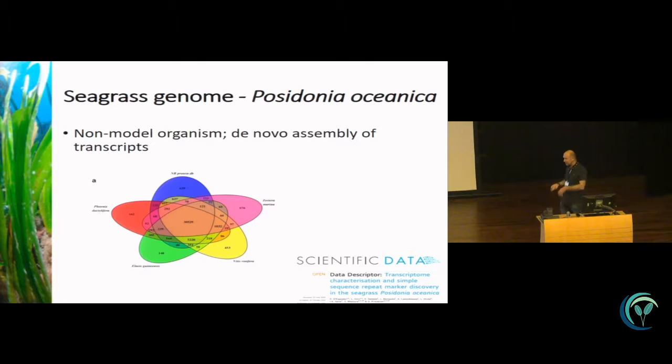So you compare it to Arabidopsis, you compare it to Brassica species. It doesn't tell us a lot. Generally what we find with seagrasses is they're closest to vines. Why? That's not my area. But the thing is, having these de novo assemblies coming through has allowed us to move forward in the use of the genome data.